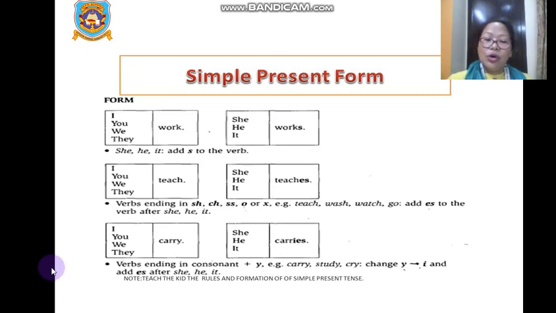So if your verb is ending in consonant plus y, example carry, study, cry, change y to i and add es after she, he, or it. That means to the third person, carry will become carries, she studies, he carries. We need to remember this. This is about form of simple present tense.